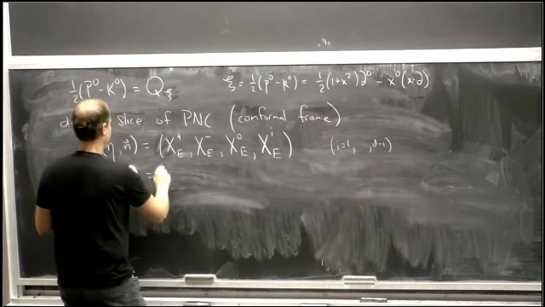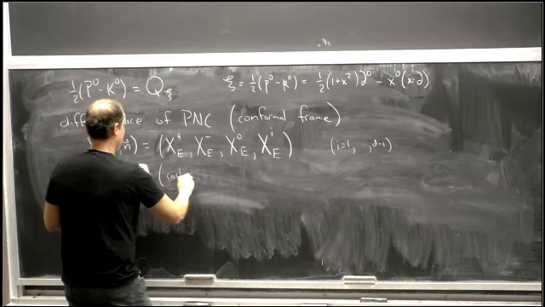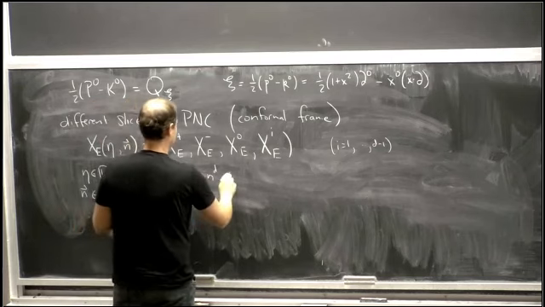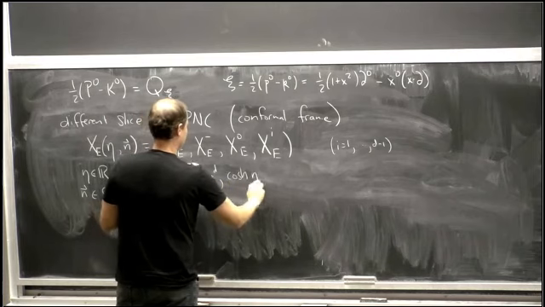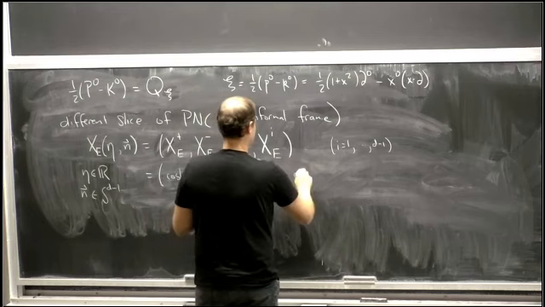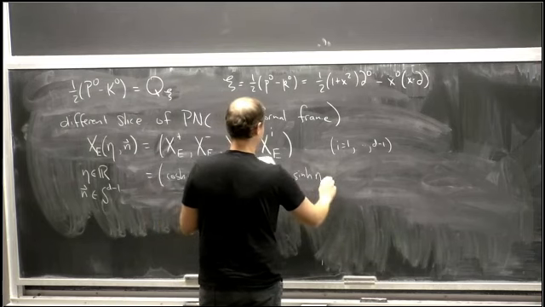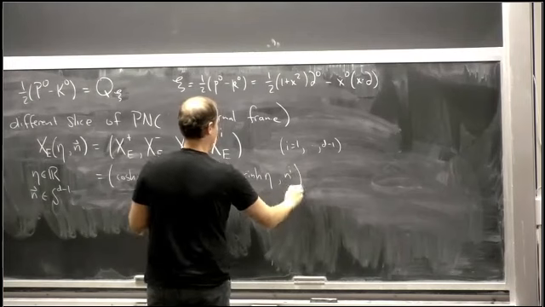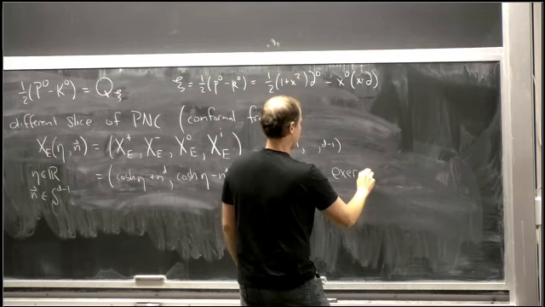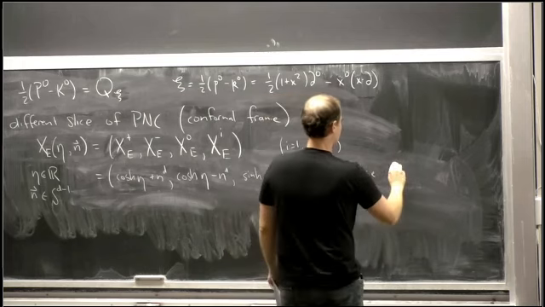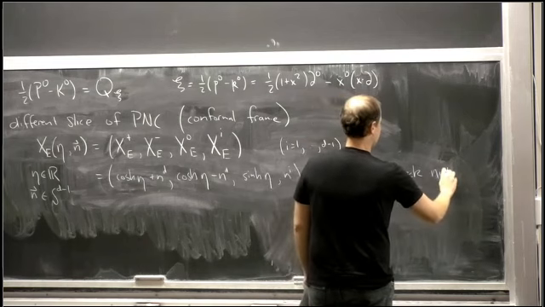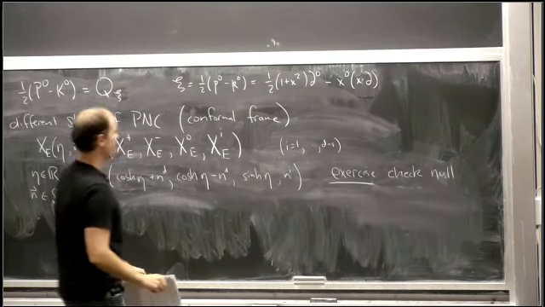We're going to set this equal to cosh eta plus nd, cosh eta minus nd, sinh eta, and ni. So, exercise: check that this vector is null.